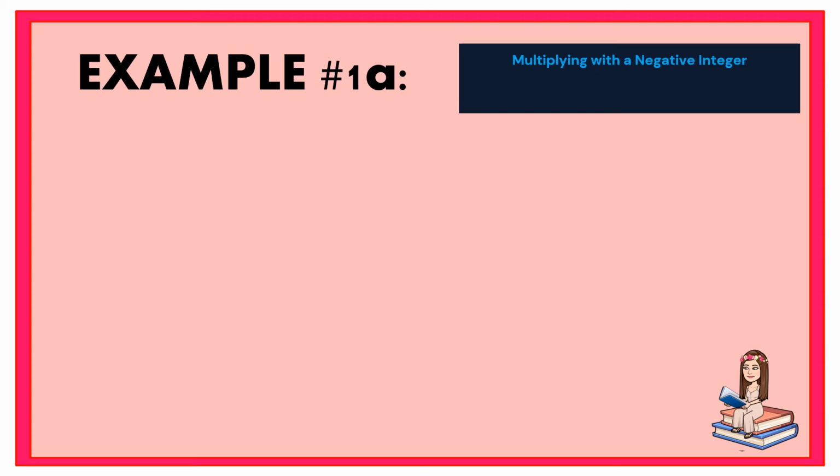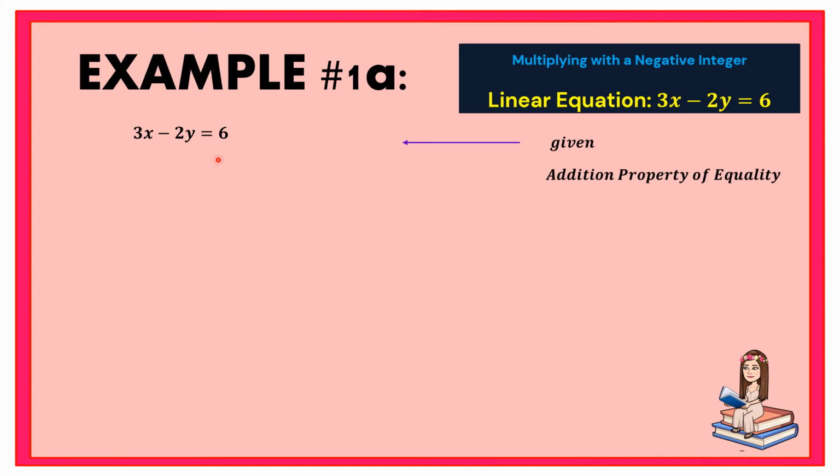Say for example, you are multiplying with a negative integer dun sa isang equation. So kung meron tayong linear equation, recall lang natin, ang given halimbawa ay 3x plus 2 minus 2y is equal to 6. So ang paggagawin natin yan, di ba kailangan maging y form or maging slope-intercept form. Kaya magagamit tayo ng addition property of equality.